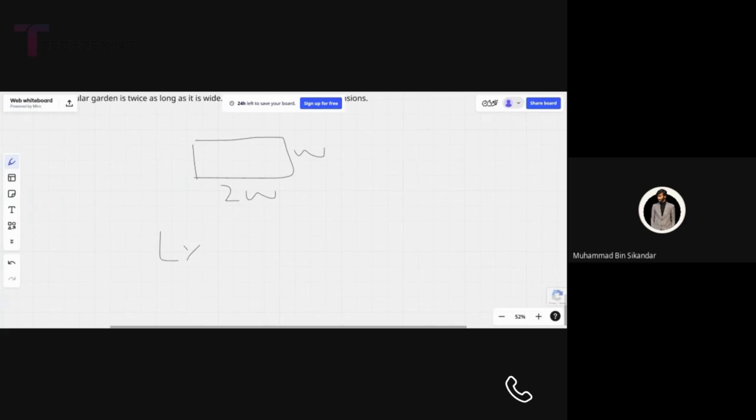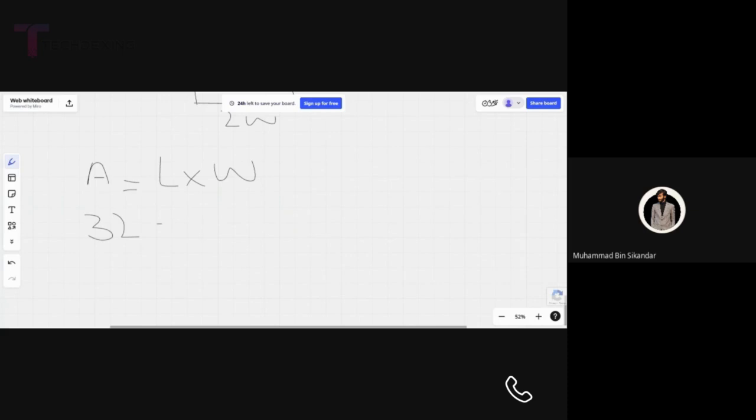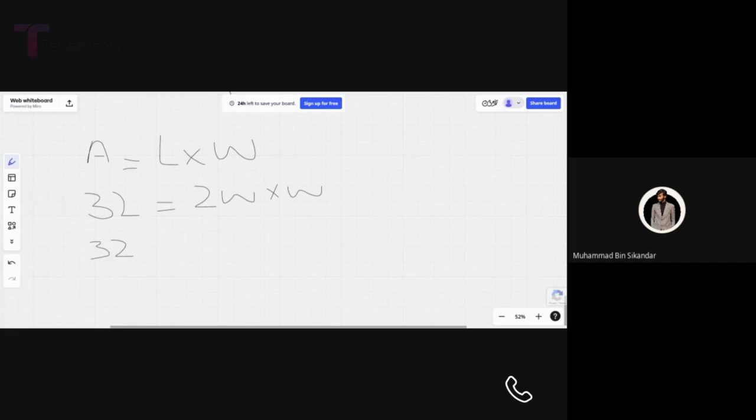I used to do L multiplied by W equals area. I'm given the area, which is 32. The length is 2W and this W as it is. So if I multiply it, it will become 2W square, right?